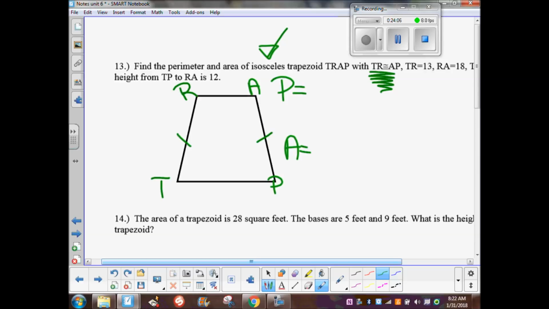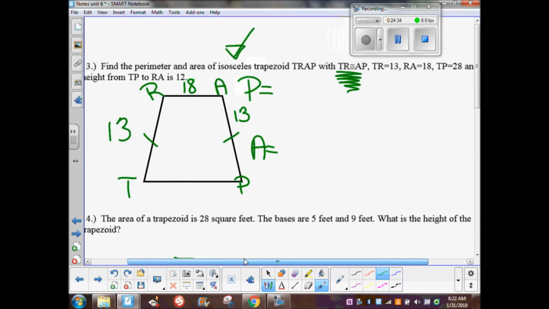Think back. An isosceles triangle has 2 congruent sides, so an isosceles trapezoid has one pair of congruent sides. So let's label TR is 13. If TR is 13, AP is 13, RA is 18.